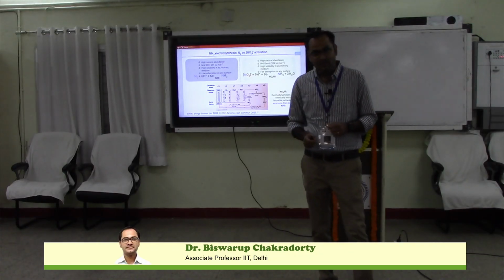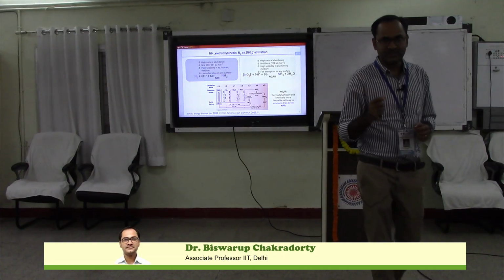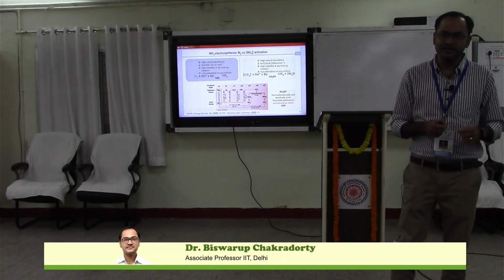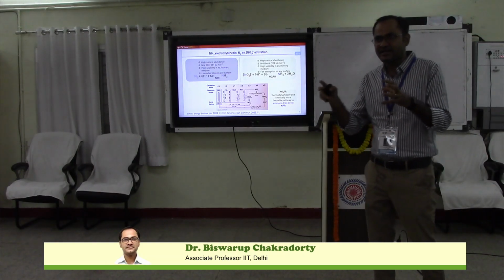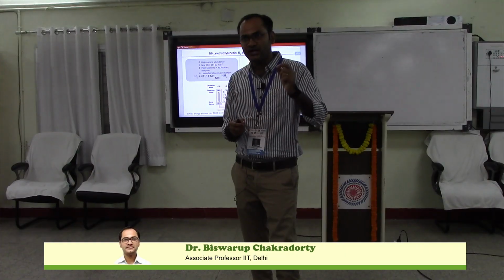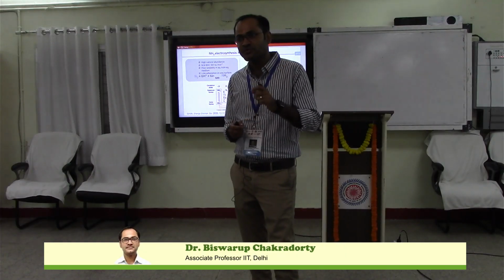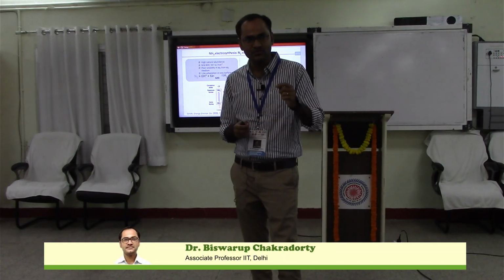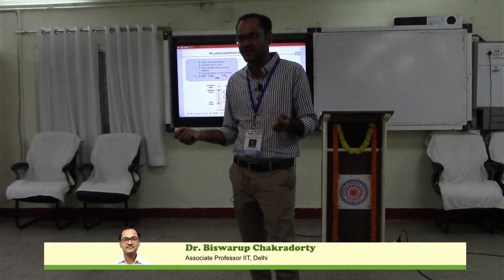Similarly, if you notice the previous example, the catalyst that has been taken is a solid phase catalyst, and nitrogen and hydrogen, both of them are gaseous phase. So that means we are talking about a heterogeneous phase reaction.